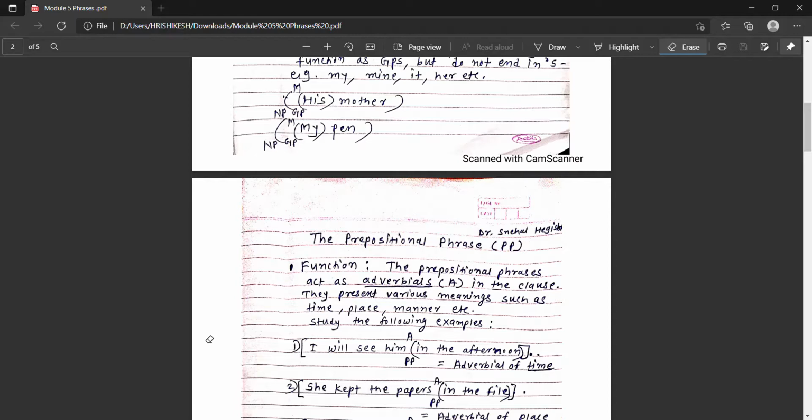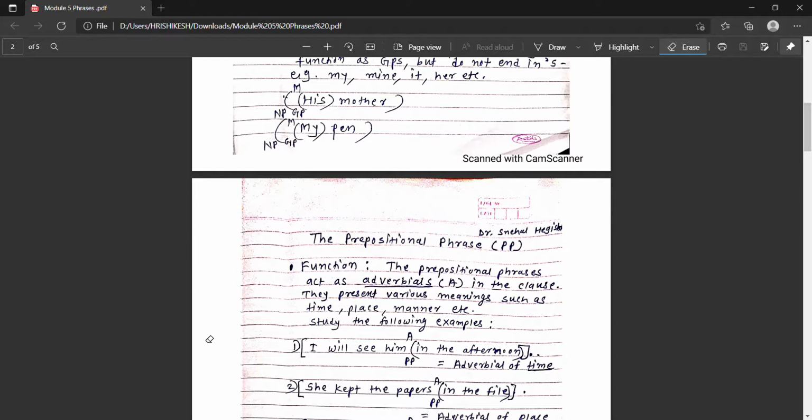Read again that chapter or module that talks about words and classes of the words, divided into 11 classes, closed classes and open classes. So, a very important thing here: prepositional phrases function as adverbials in the clause.